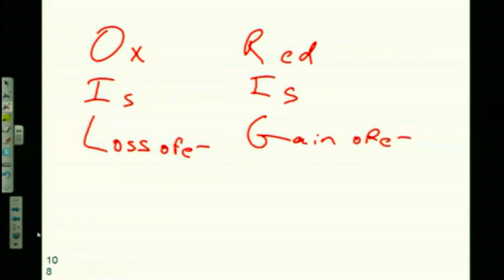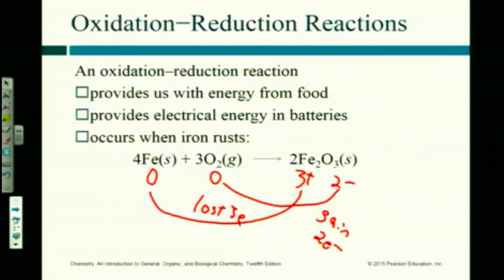Okay? Everybody get that? Oxidation is when you lose electrons. So if we go back, the iron here is losing electrons, so it is being oxidized. Oxygen is gaining electrons, so it is being reduced.